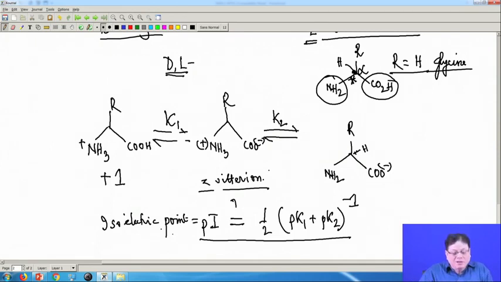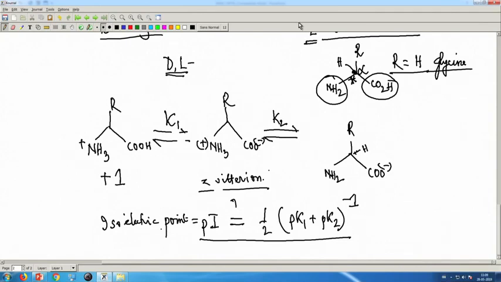It is the pH at which the molecule is electrically neutral and does not move to either side when you apply a voltage on a matrix in which it can move. This is a very important parameter of amino acids. Here I have taken the amino acid where only the alpha amine and the carboxyl are present.